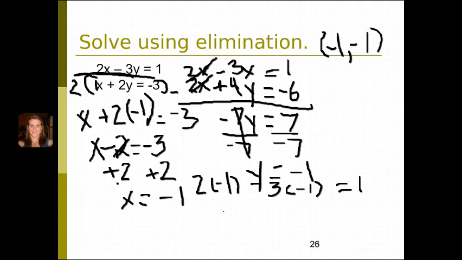Negative 3 times negative 1 will give us a positive 3. Negative 2 plus 3 gives us a positive 1, which checks out.